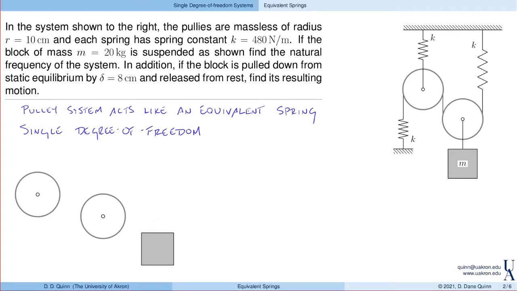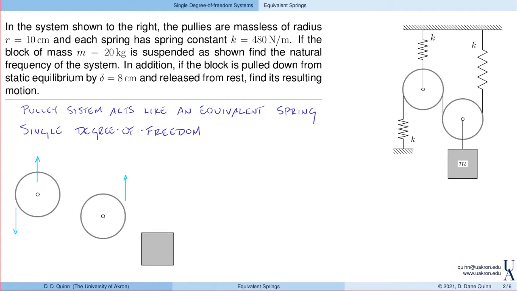So looking at the forces that act on this system, we have a force from this spring on the left. We have a force from the spring on the center of this pulley. And then we have a third spring over on the right.